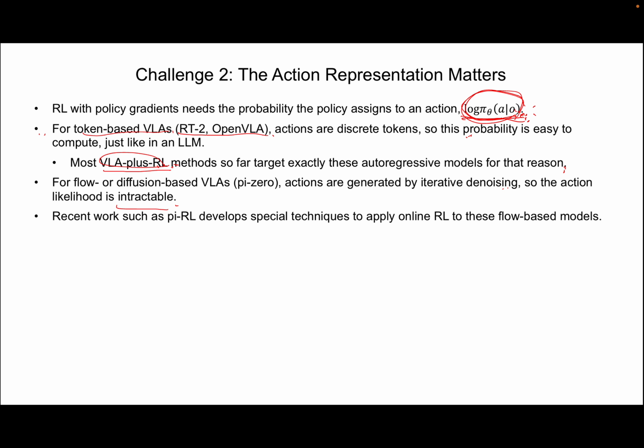Recent work such as PyRL developed a special technique to apply online RL to these flow-based models, but that is still work in progress.